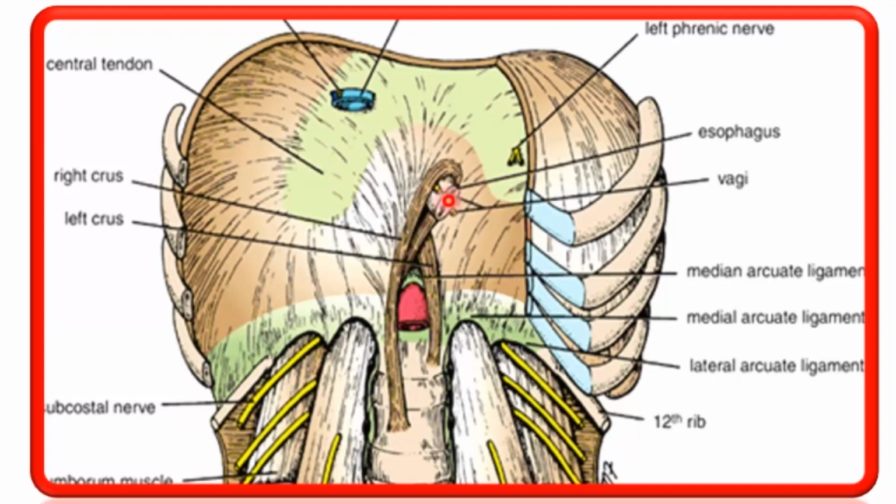So here is the esophagus, and here is the loop that is formed by the right crus of the diaphragm. And this loop will act as a sphincter and will possibly assist in prevention of regurgitation of the stomach contents from the abdominal part of the esophagus to the thoracic part of the esophagus.